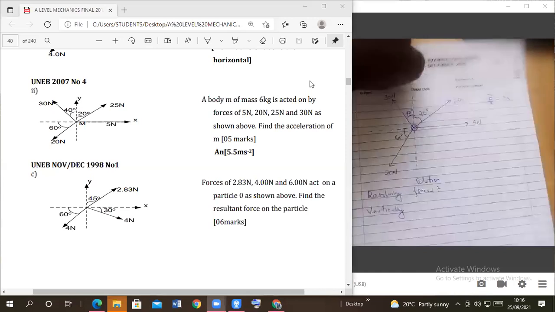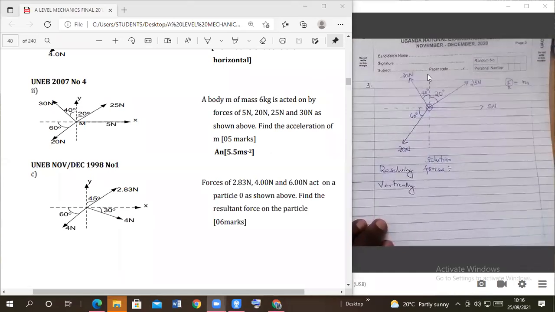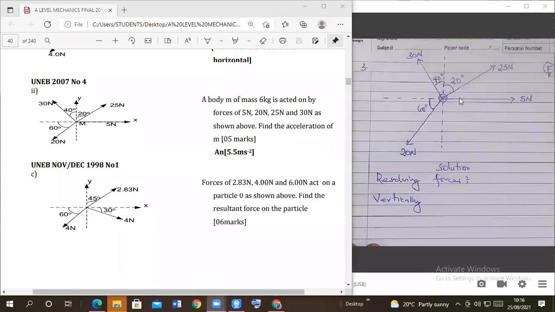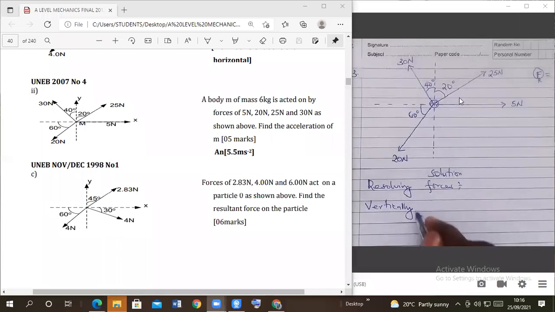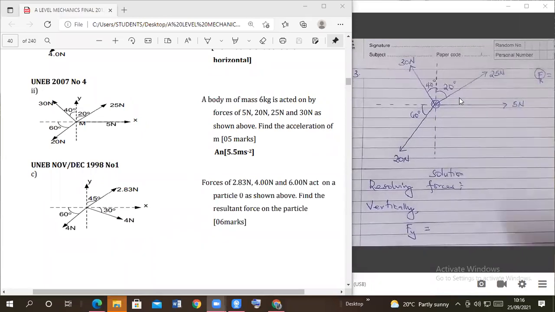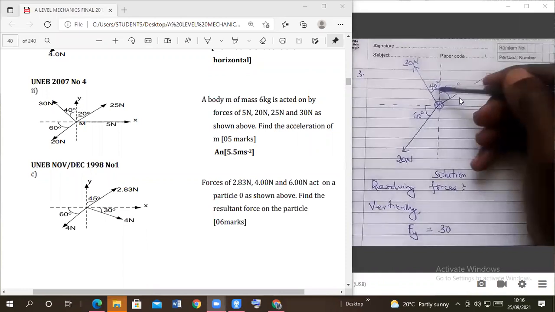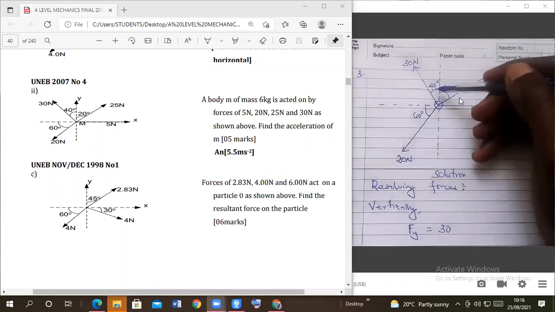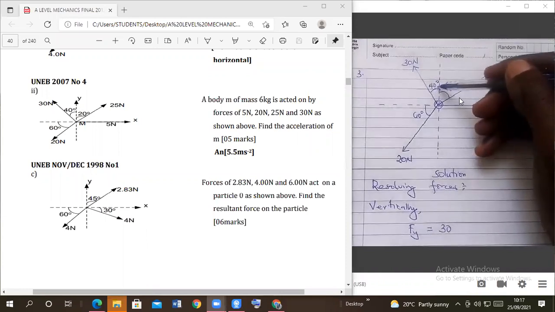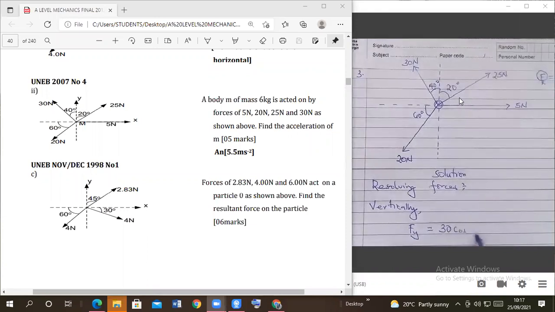So when I resolve it vertically, what shall we have? We shall have Fy equals. Now this side is positive, we start with the positive. So I'll have 30.